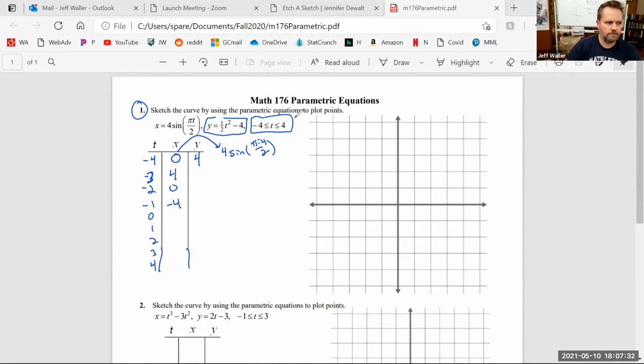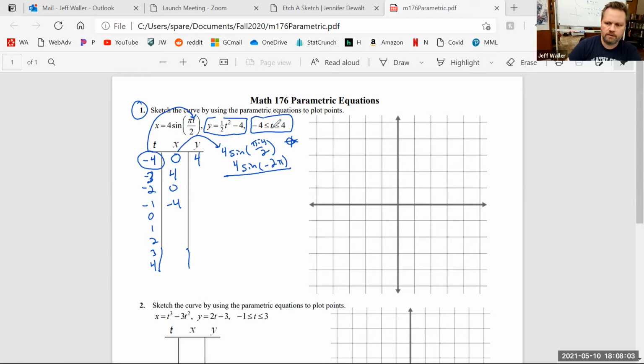I was plugging a -4 in for t. So that's 4 times sine of -2 pi. And of course, -2 pi is just the x-axis. Any integer multiple of pi will be on the x-axis, and sine will hate it there. It'll be 0. So that's why that's 0. Is that cool?